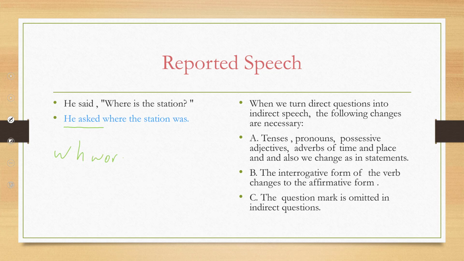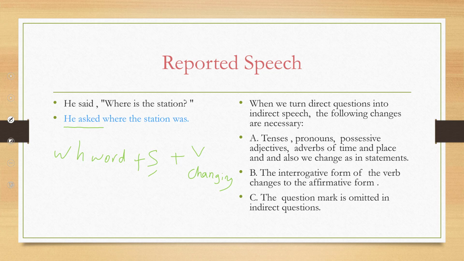Then, subject. Here we no longer have inversion. WH word, then subject, then verb after changing it. And the rest of the sentence. Of course, even the subject is changed here.